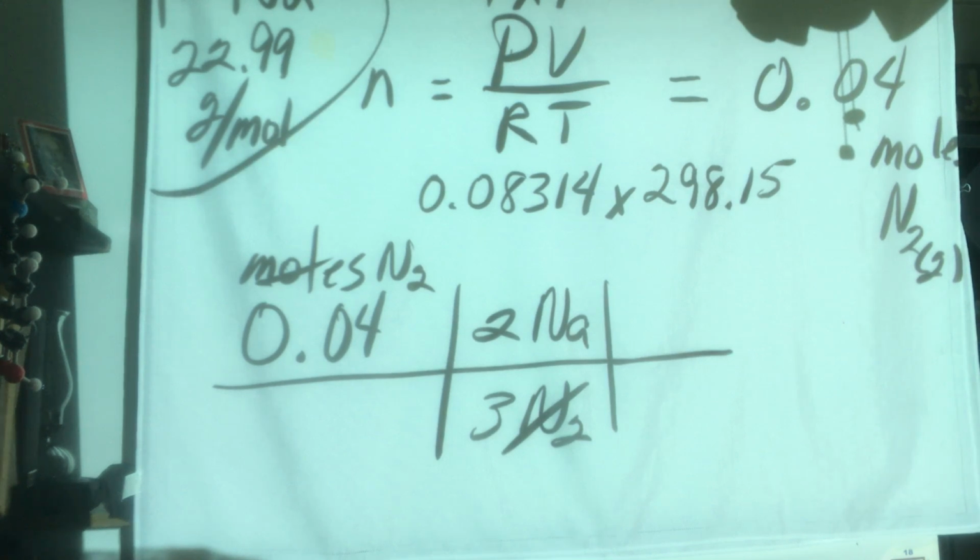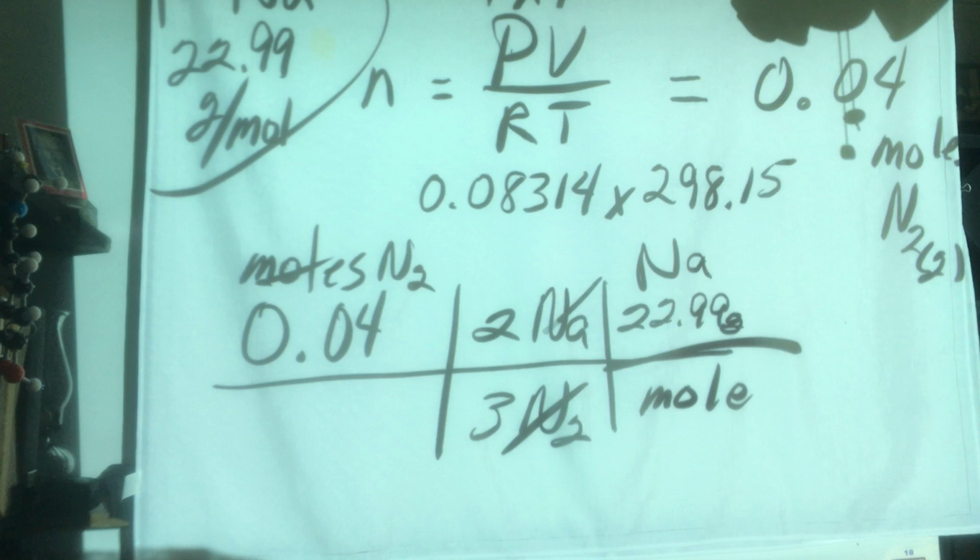Don't forget to show your work when you're doing molar masses or formula masses. Don't forget to show your work when you're changing units to some other units, because of the gas constant. And we're going to put the 22.99 grams per mole of sodium metal like that.